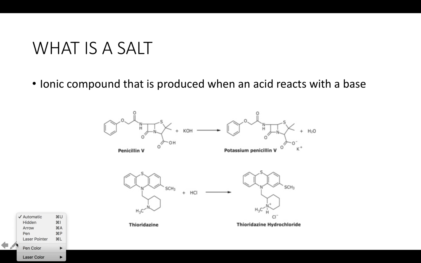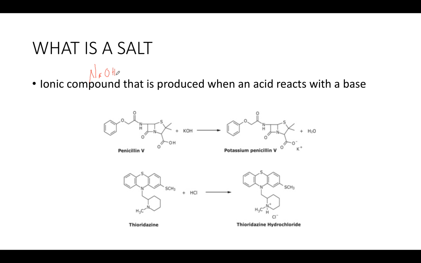All right, so as we mentioned earlier, a salt is an ionic compound that is produced when an acid reacts with a base. And so the salt will usually consist of a positively charged cation and a negatively charged anion. So you guys are familiar with this concept, and we're simply applying that concept to drug molecules.